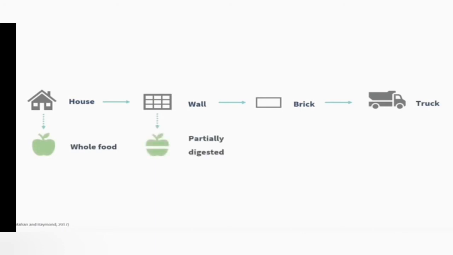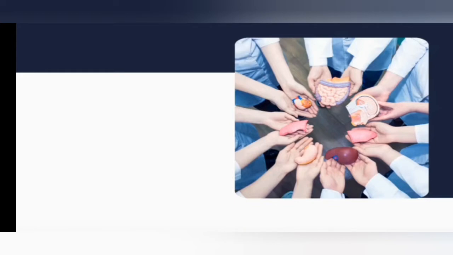Like that, we can take the home as food. The whole food is the house, the wall is partially digested food, and the bricks are the smallest digested parts of food. We can transport them by the blood to the body.